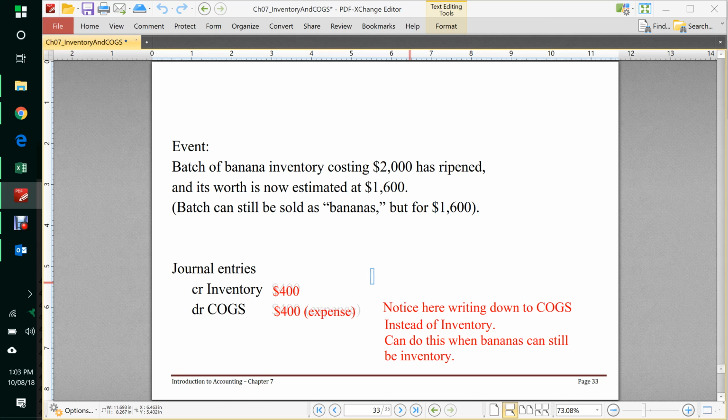And in doing our research on those, we noticed that some home builders were writing down their homes if the value of the home had fallen below the cost for them to build them. Some were writing down to inventory write-down expense, and some were writing down to COGS.